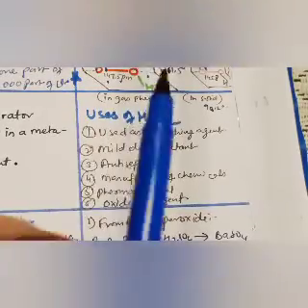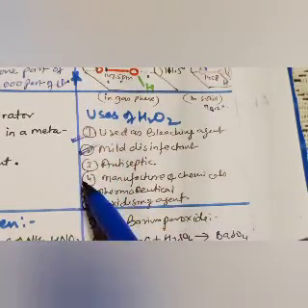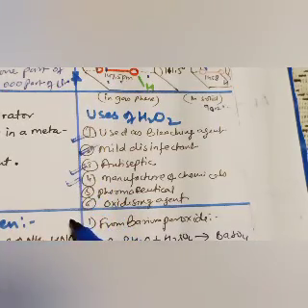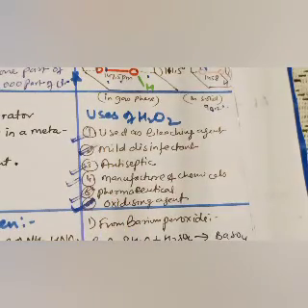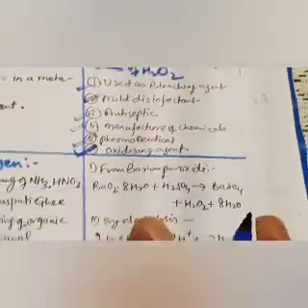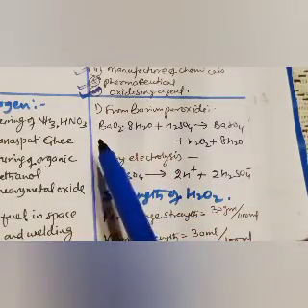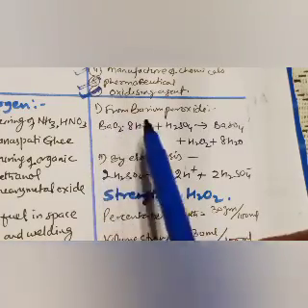Uses of hydrogen peroxide: it is used as a bleaching agent, a mild disinfectant, an antiseptic, for manufacturing of chemicals and pharmaceuticals, and as an oxidizing agent also. If we talk about preparation, in the lab it can be prepared from sodium peroxide, but in general it is prepared from barium peroxide.